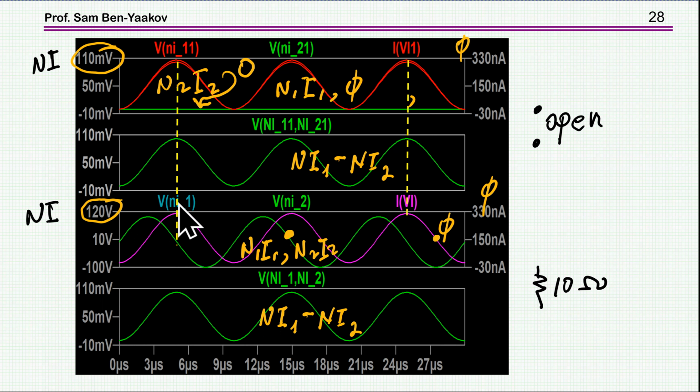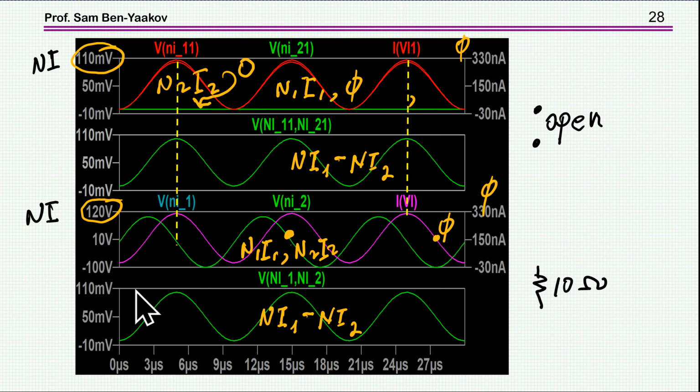So the MMF, due to the input current, is in fact 100 ampere turns because it is 1 amp and 100 turns. The difference between the MMF at the input and at the output, which is driving the flux, is only 110 millivolts as before. This does not change with the load.